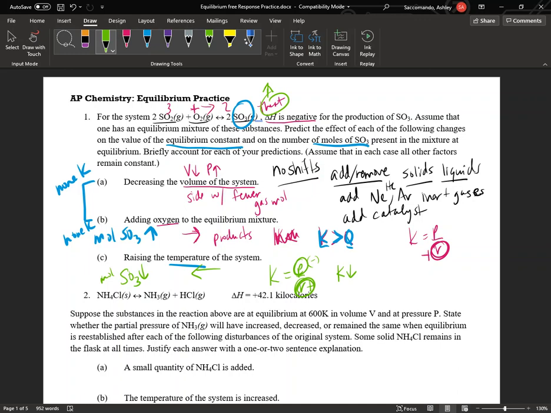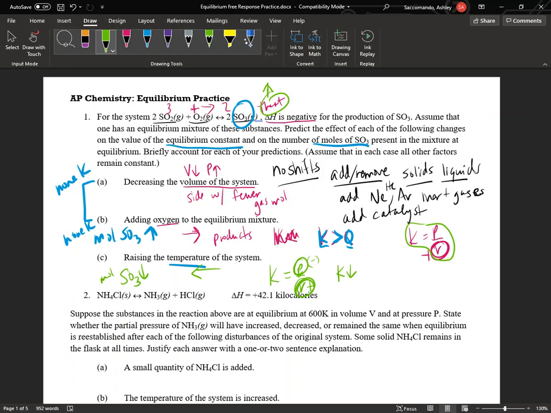And you can even use this in your explanation, that it's a ratio of the products over the reactants. So when you shift left, you are increasing the bottom number and decreasing the top number, and therefore the K ratio is less. You can use that in your explanation. Make sense?